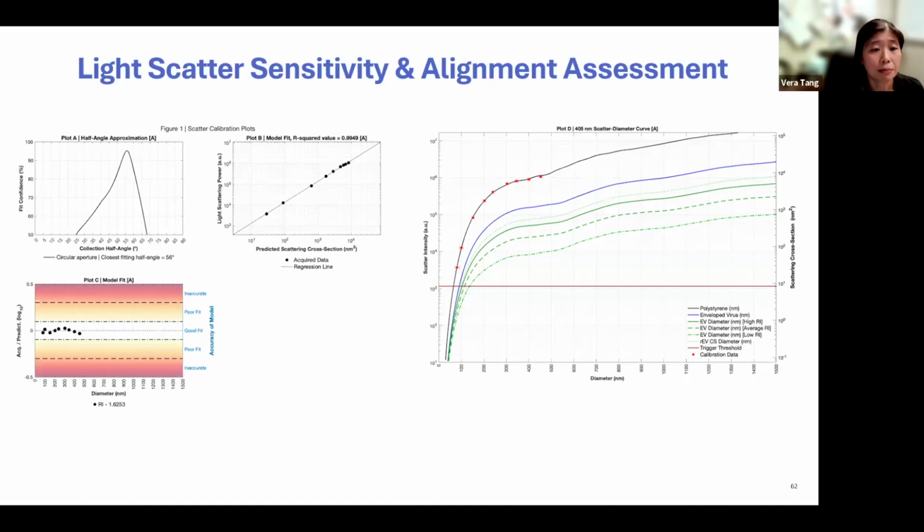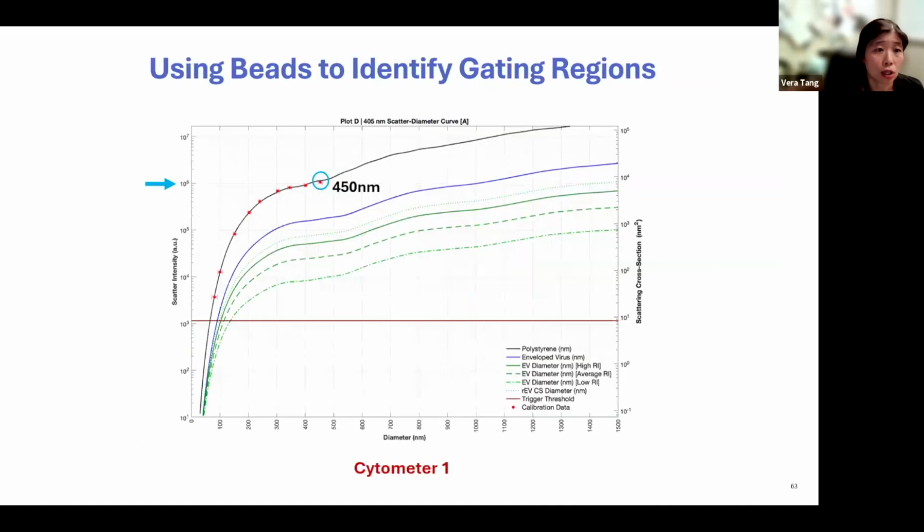Something else that I'd like to comment on, and hopefully I'm not running out of time, since there are lots of things to talk about, is that I notice a lot of people who work in small particle EV flow really like to determine their gate regions for their EVs using a set of beads, a range of sizes.